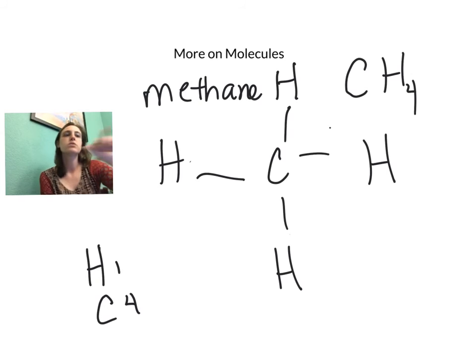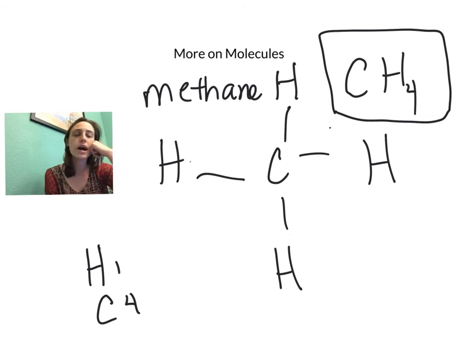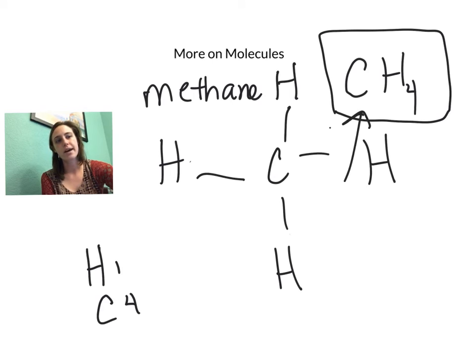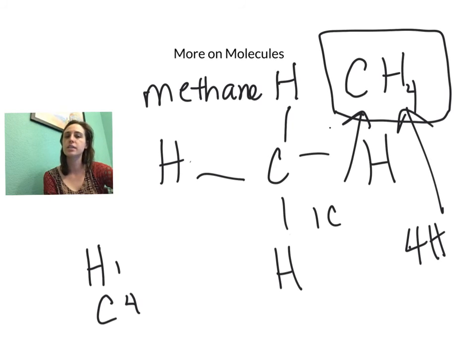When you see a formula like this, it's telling you what kind of atoms are in bonds with each other. So that is telling you that you have one carbon atom and 4 hydrogens. Let's practice that for a second, because you're going to have to do this on one of the assignments later, reading these formulas and being able to tell what's going on.